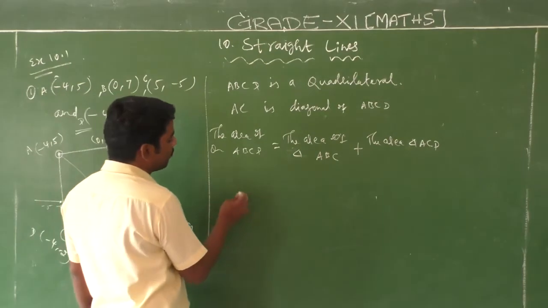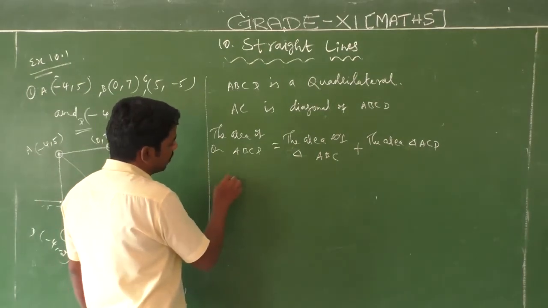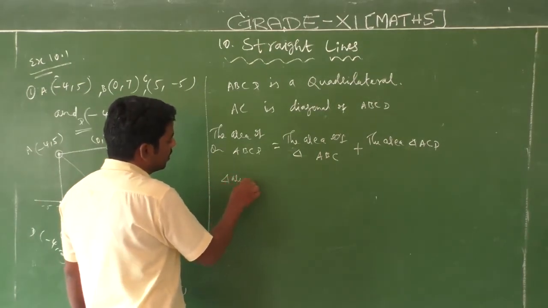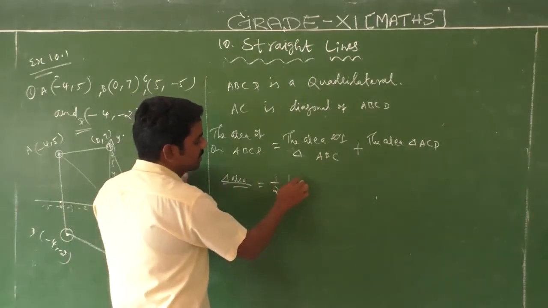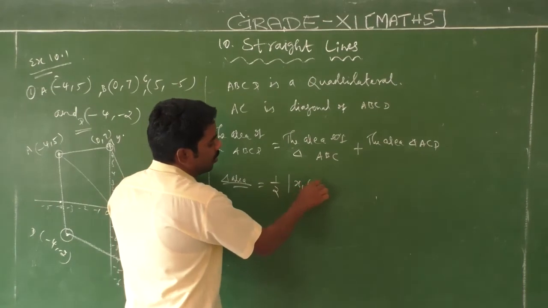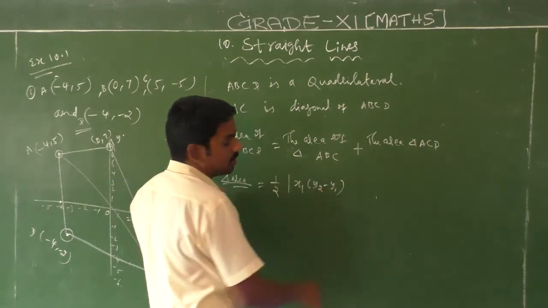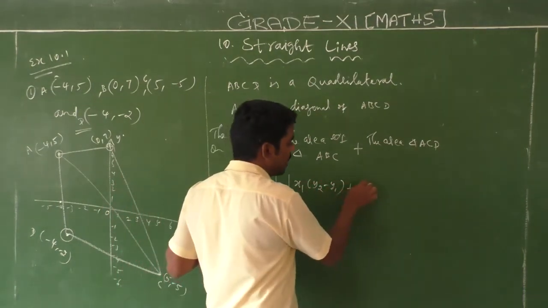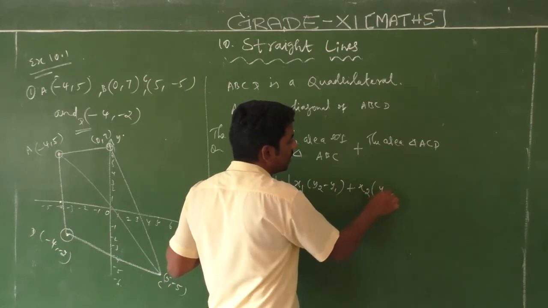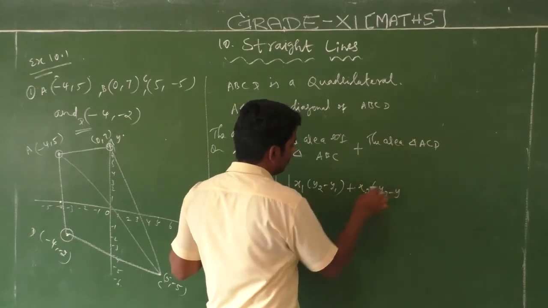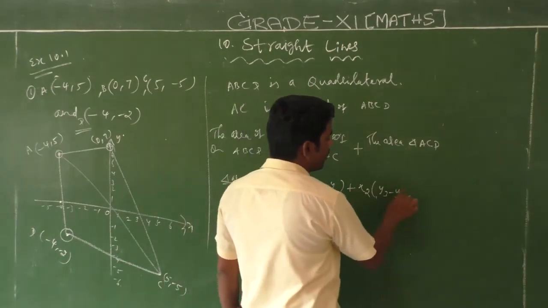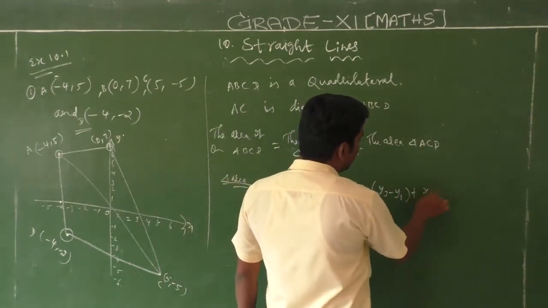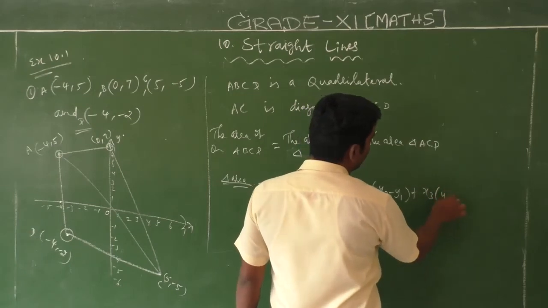The triangle area formula is 1/2 times the modulus of x1(y2 minus y3) plus x2(y3 minus y1) plus x3(y1 minus y2).